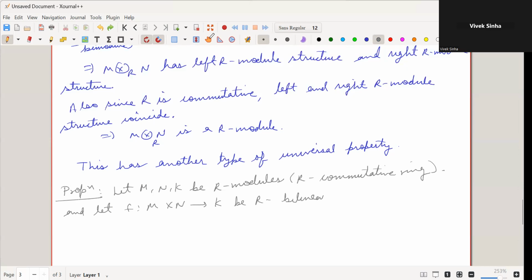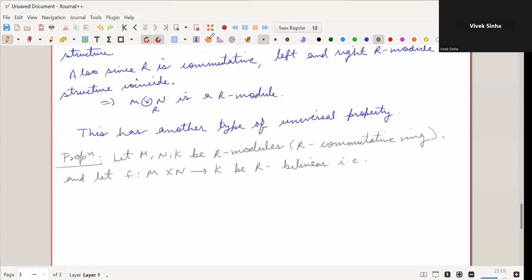Bilinear means it is linear in each coordinate. Let me say what bilinear means.